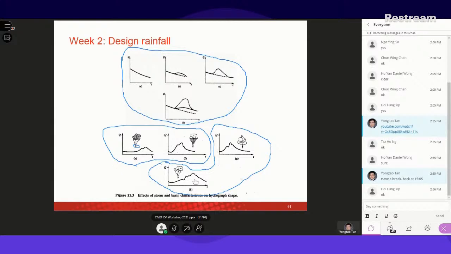So the runoff will be more for low infiltration capacity soil than for high infiltration capacity soil. So there will be more surface runoff for low infiltration capacity soil. Okay, so this is the effect of the storm and the basin characteristics on hydrograph shape. If you have any questions.